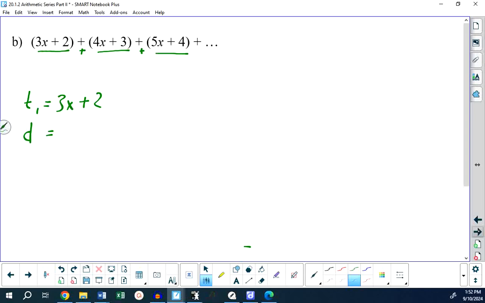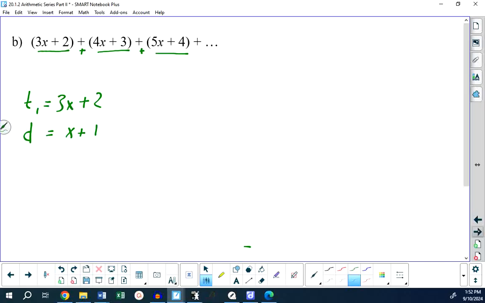In other words, what is it you add to 3x plus 2 to get 4x plus 3? 1x plus 1. X is going up by 1x, the number is going up by 1, so the common difference is x plus 1.